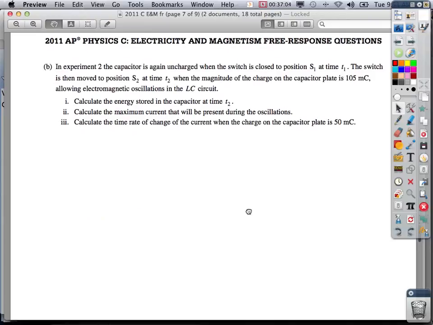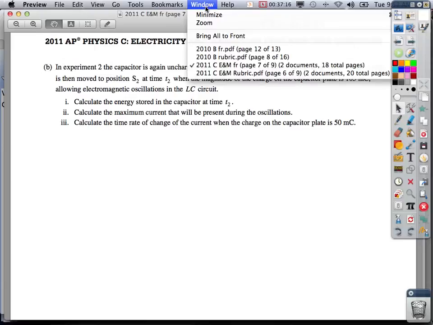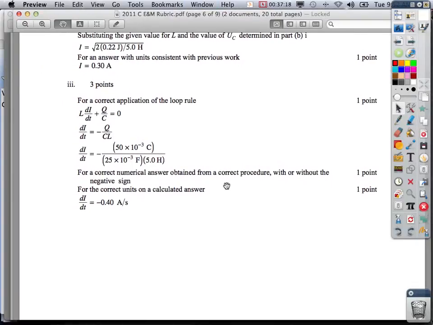And then the third part, calculate the time rate of change of the current when the charge in the capacitor plate is 50. So the time rate of change of the current is the time rate of change of the charge.